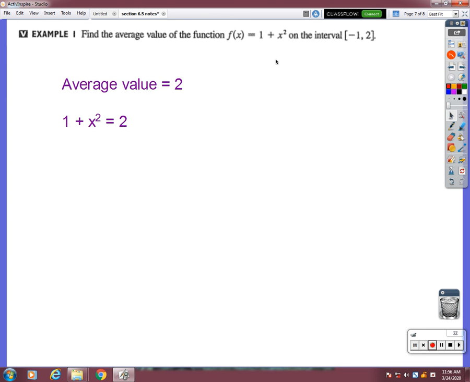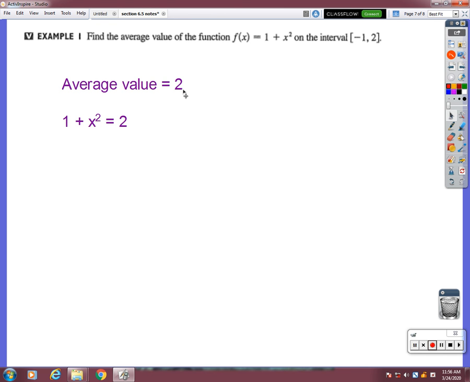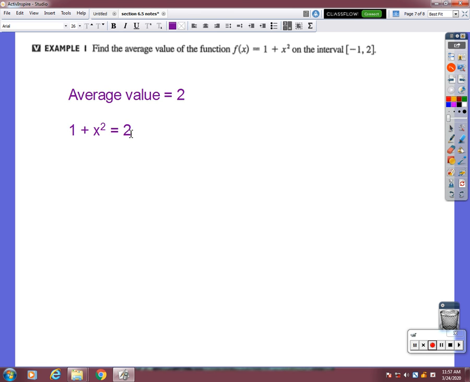What I just did there is I took the function and set it equal to the average value, and now I am going to just solve that for x. So subtract 1 from both sides, so x squared equals 1, and then take the square root of both sides, and I get x equals 1 or -1.